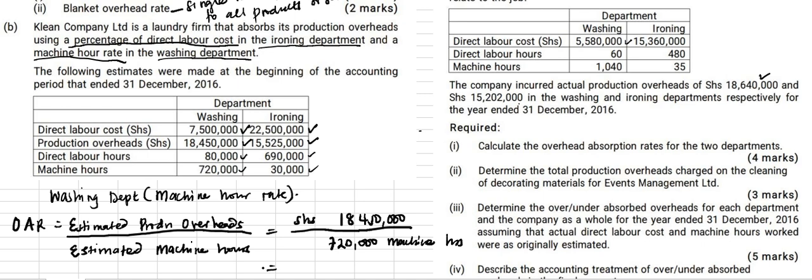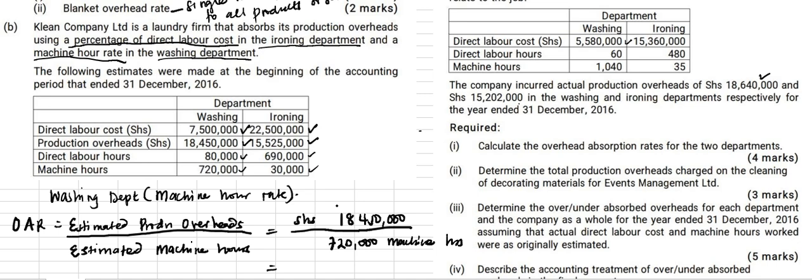Of course, when we divide the overheads by the machine hours, the rate is shillings 25.625 per machine hour.